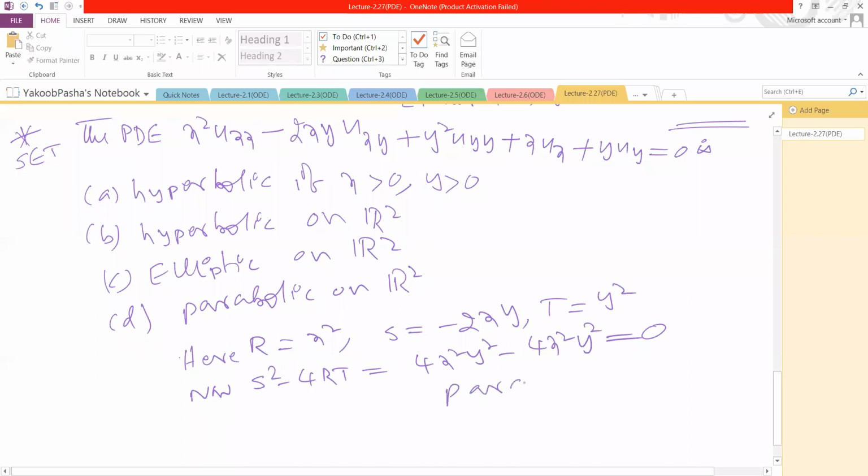So it is parabolic, not depending on x and y. So it is parabolic for all values of x and y, that means on R2.